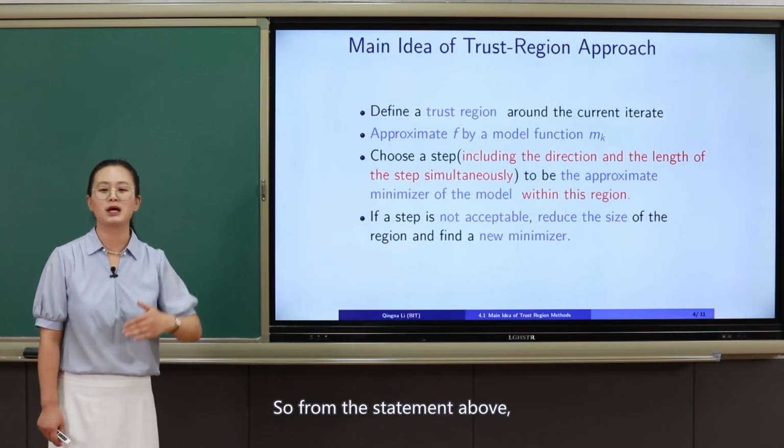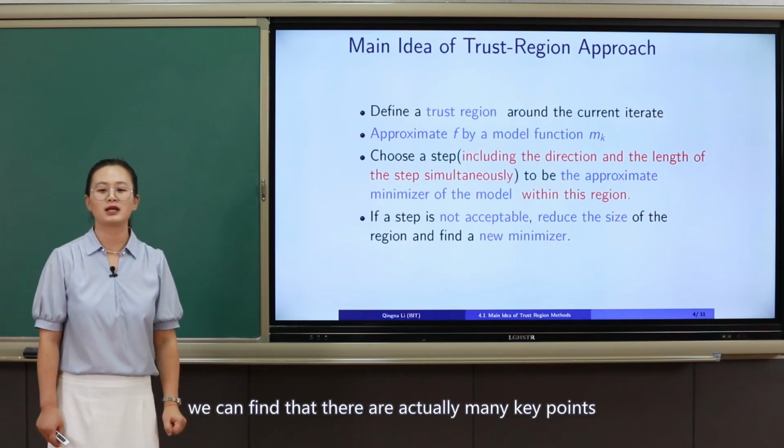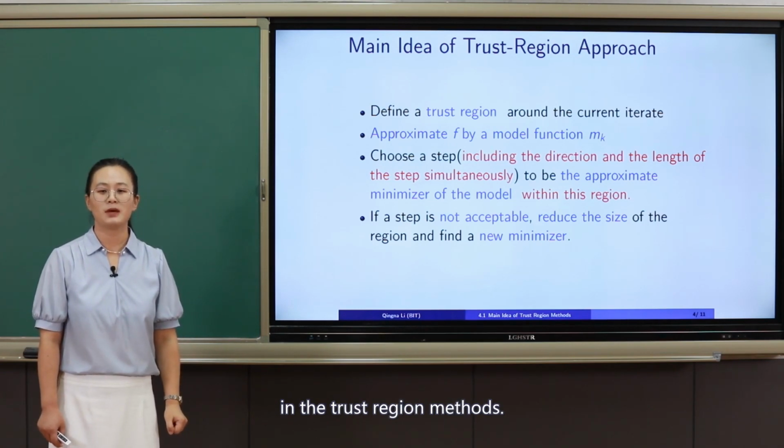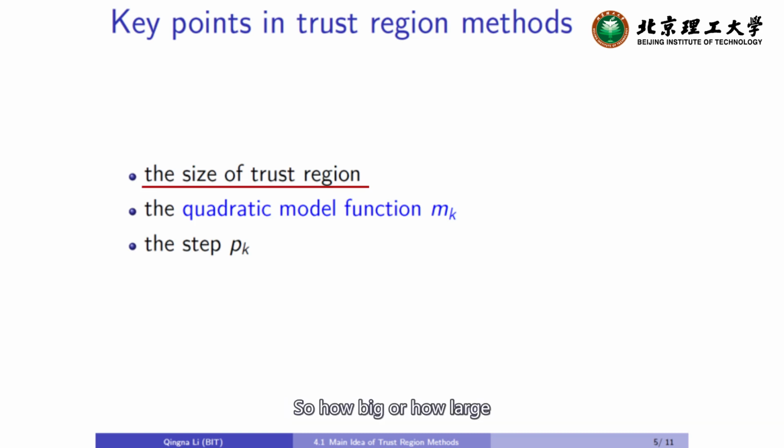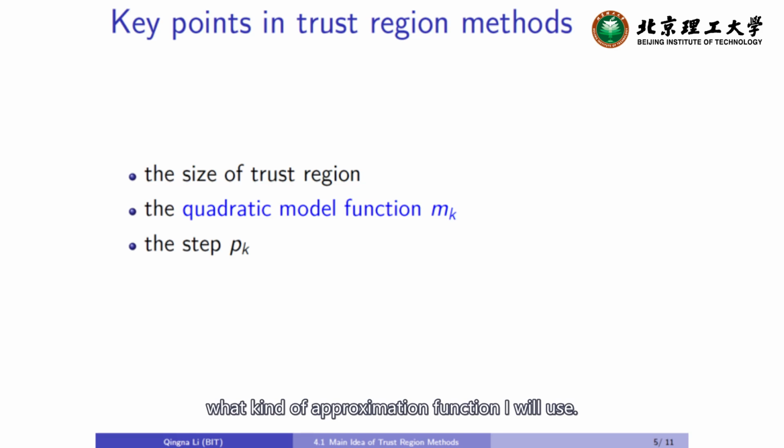From the statement above, we can find that there are many key points in the trust region methods. Now, I summarize the key points in the following. The first one is the size of trust region. How large a region I choose is a very key factor to the method. The second one is what kind of approximation function I will use.